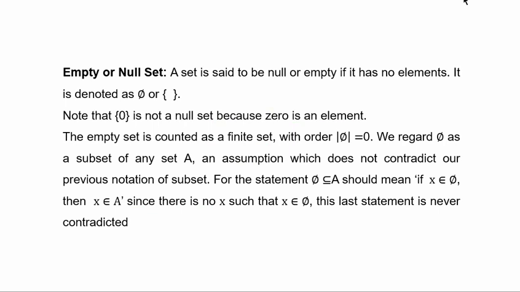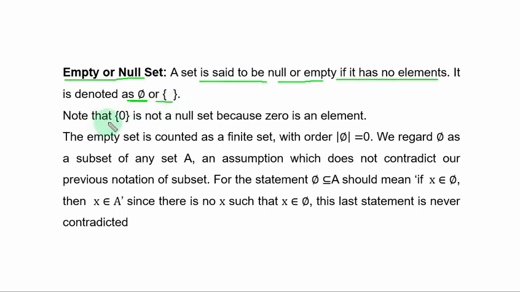The next relationship is the empty or null set. A set is said to be null or empty if it has no elements. No elements at all. It is denoted as this: that is the phi notation or the empty brace bracket.